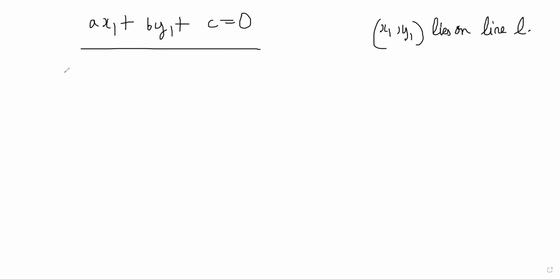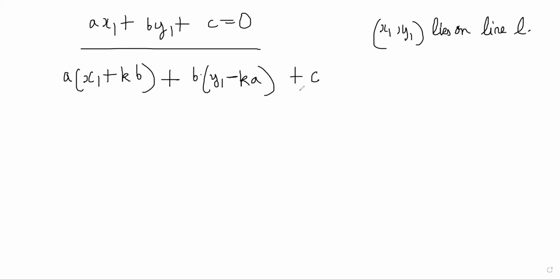Let's think of a new point. The point is x1 plus k times b, y1 minus k times a. Let's calculate a times x1 plus kb plus b times y1 minus ka plus c. This will come out to be ax1 plus by1 plus c plus akb minus akb, right?